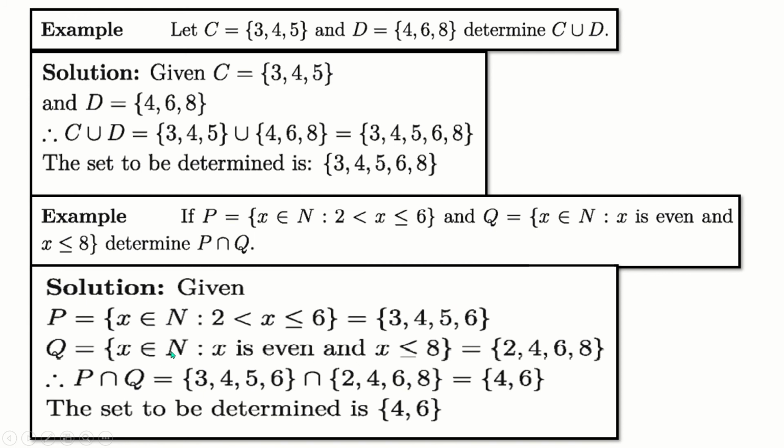Q is equal to x such that x belongs to natural number, x is even and x less than or equal to 8, meaning 2 4 6 8. Therefore P intersection Q equals this intersection this equals 4 6. This is the required answer. Clear everyone? Okay.